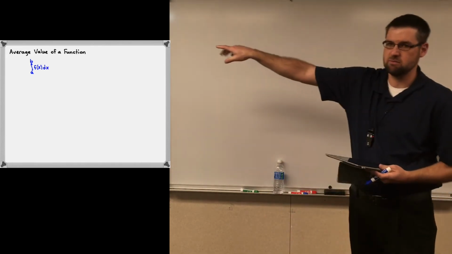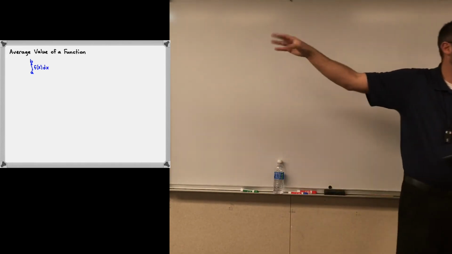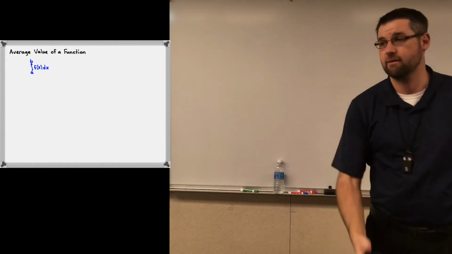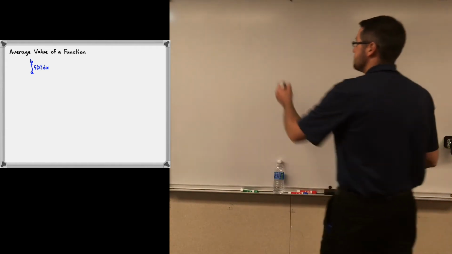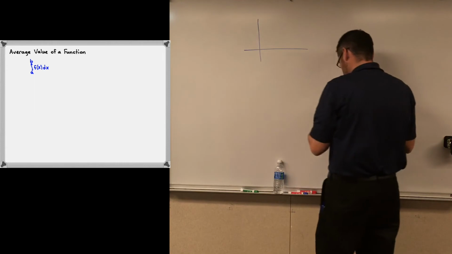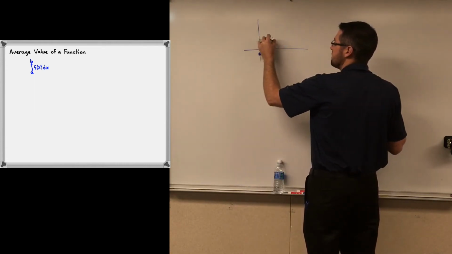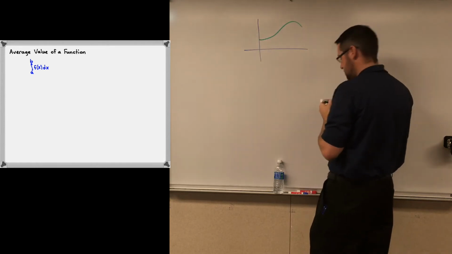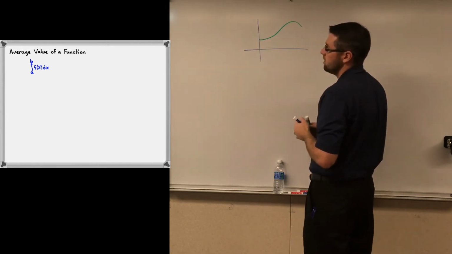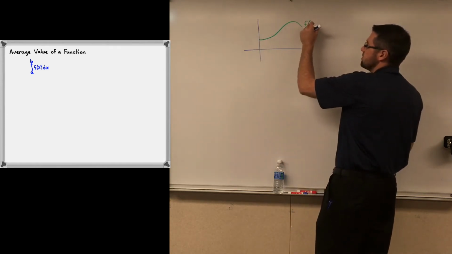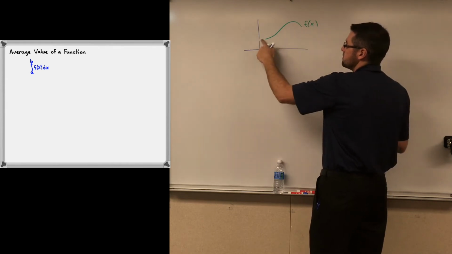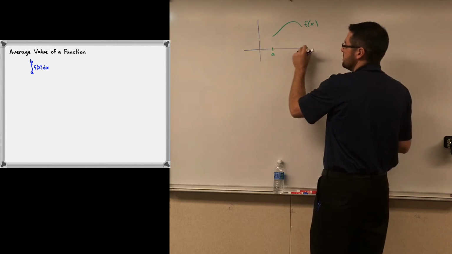What does this give me? The integral from a to b of f of x dx gives me what? Okay. So, again, same type of thing. Okay. Let's say this is f of x. And let's say this is a, this is b.